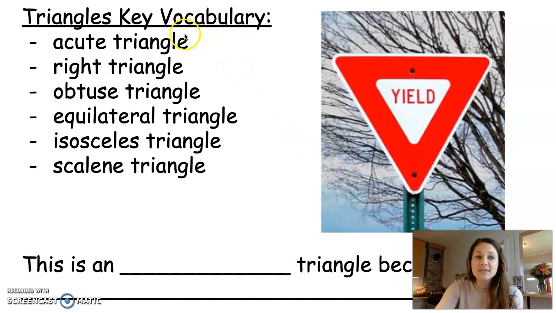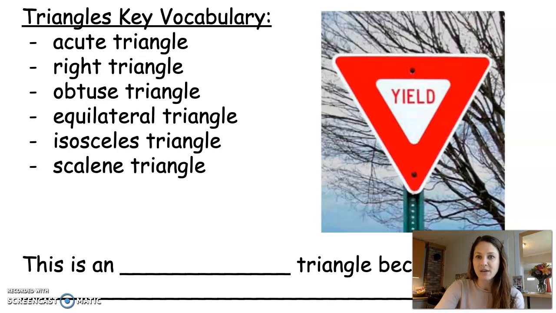And I will say more than one answer might work for what kind of triangle this is. Maybe just think of one. And you can say it out loud, or you can pause the video and write this down, because in a minute I'll show the answers.